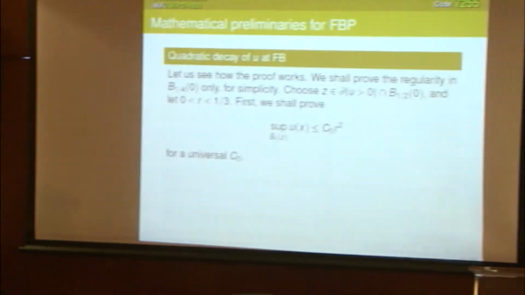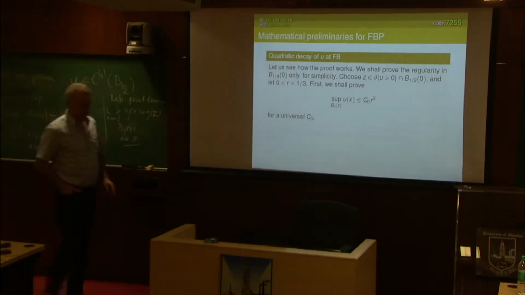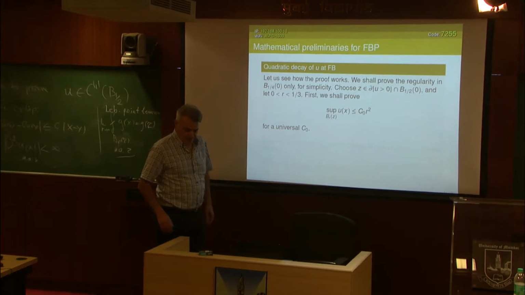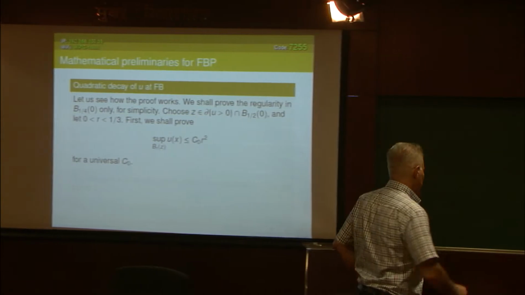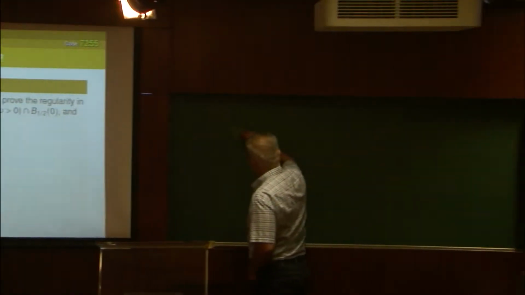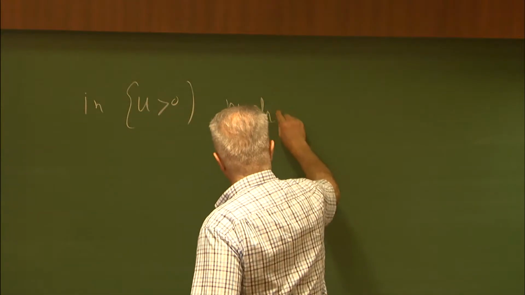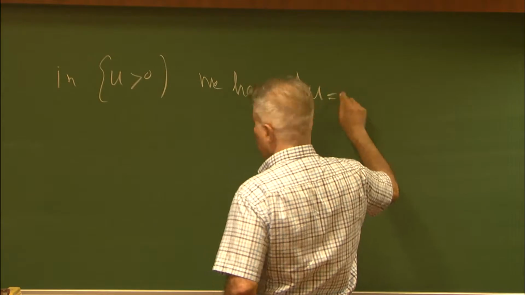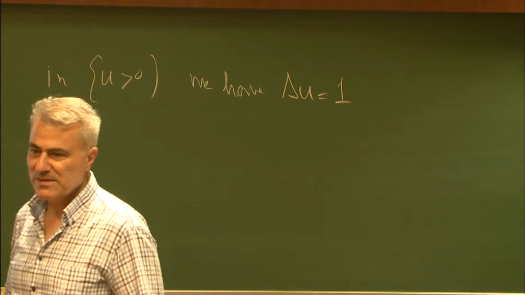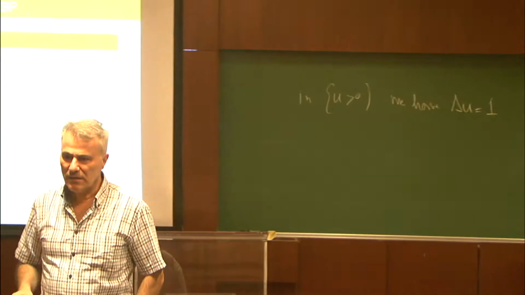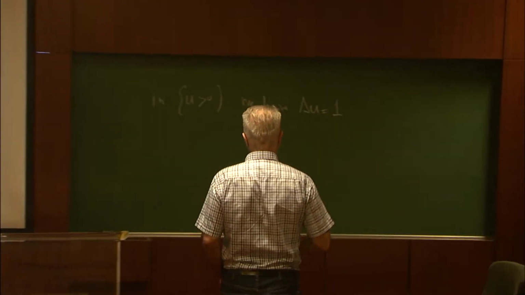So let me go on with this. What I want to prove is that this is C^{1,1}, but we're going to realize the following. Since the function is already a very good function when it is positive, in the set where u is positive we have the Laplacian of u equals f, which is 1. We took f to be 1 just for simplicity. So the Laplacian of u is 1 when u is strictly positive. This means that my function is actually C2 here.